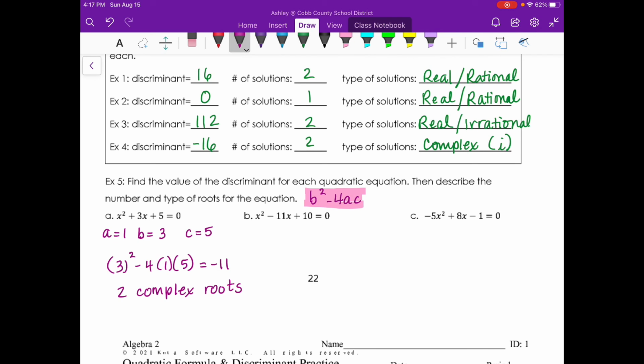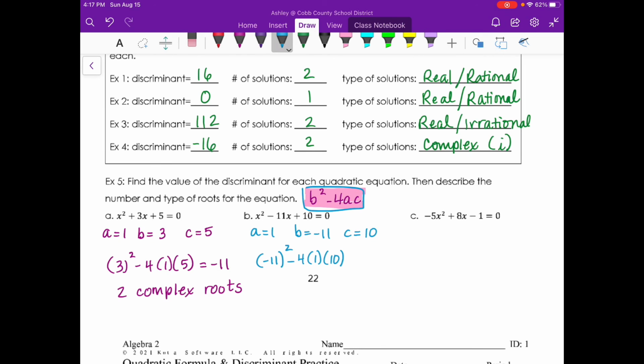Our next example, we'll do the same thing. A is 1, B equals negative 11, and C is 10. So I'm going to substitute those into b squared minus 4ac. So negative 11, using parentheses, especially important when your value is negative, minus 4 times 1 times 10.